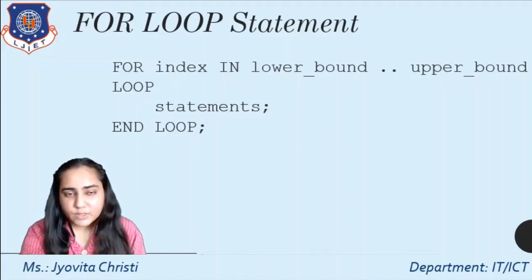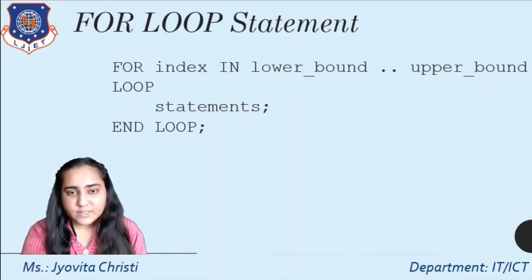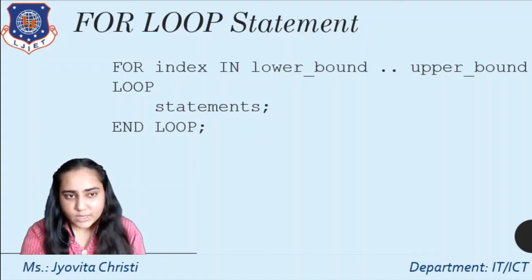Typically, the lower bound is less than the upper bound, and the index is set to the lower bound, and the statements execute, and control returns to the top of the loop where the index is compared to the upper bound. If the index is less than the upper bound, the index is incremented by 1 and the statements execute once again, and control again returns to the top of the loop.